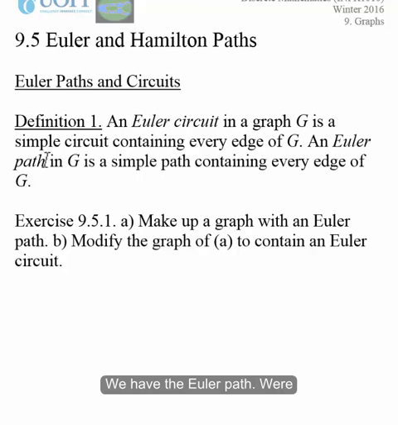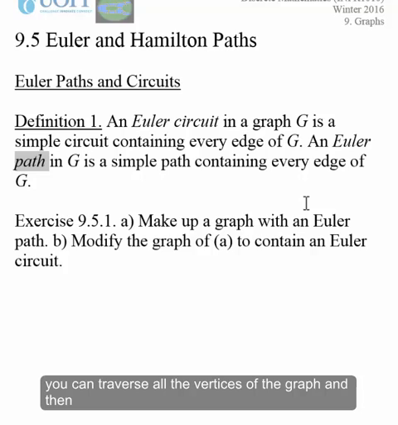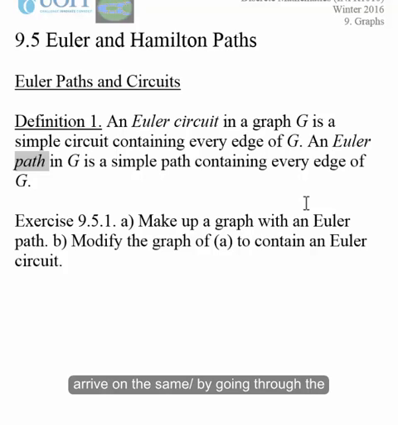We have the Euler path, where you can traverse all the vertices of the graph and then arrive on the same by going through the edges only once, all the edges of the graph only once.